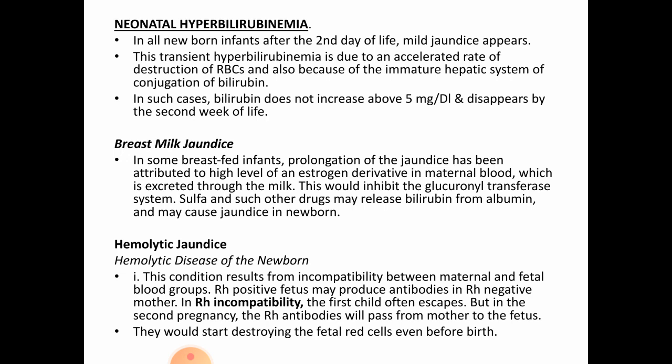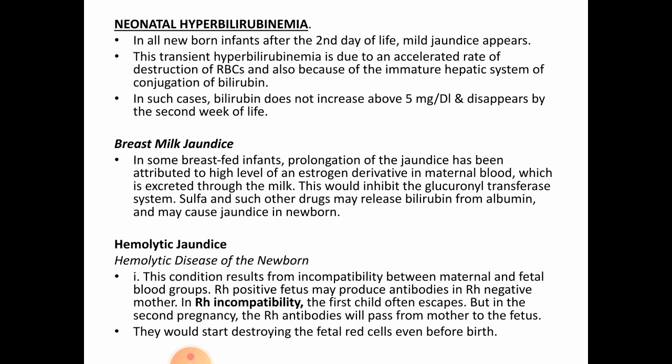The liver will not be mature, therefore the immature hepatic system is not able to take up the load of destruction of RBC, and it is not able to conjugate the bilirubin, so unconjugated bilirubin is increasing. In such cases, bilirubin does not increase above 5 mg per dl and will disappear by the second week of life.